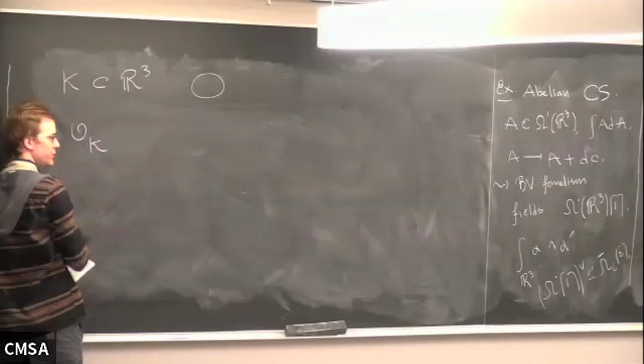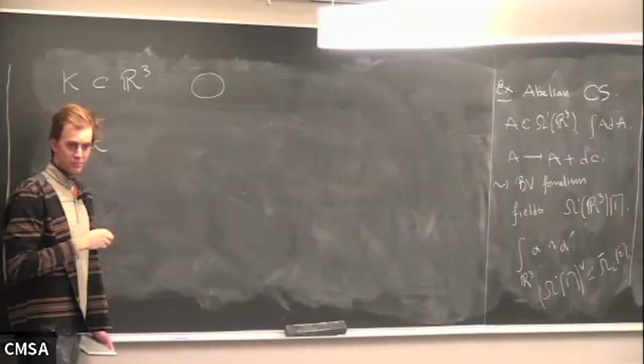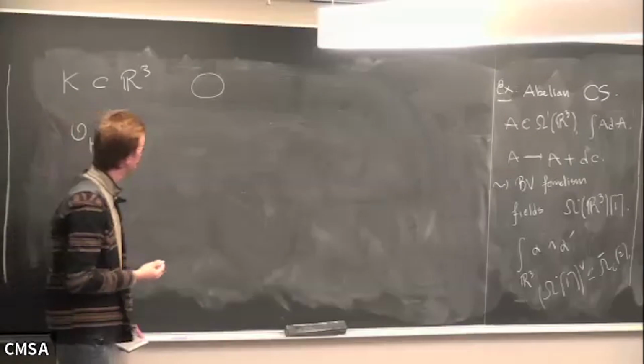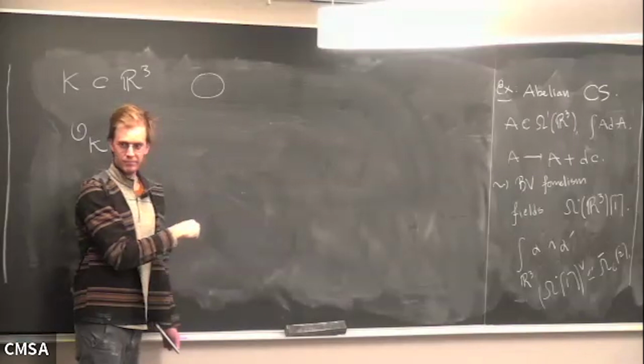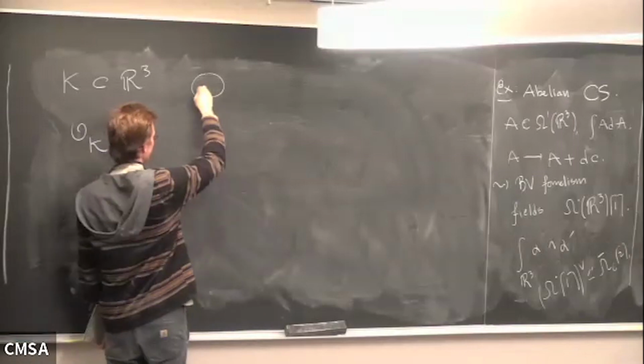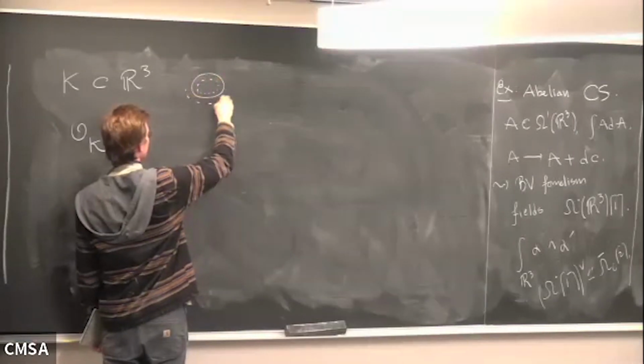Then associated to a knot, I have an observable. I have an element of the factorization algebra evaluated on any tubular neighborhood of this knot. So let me take that tubular neighborhood to be something like this.